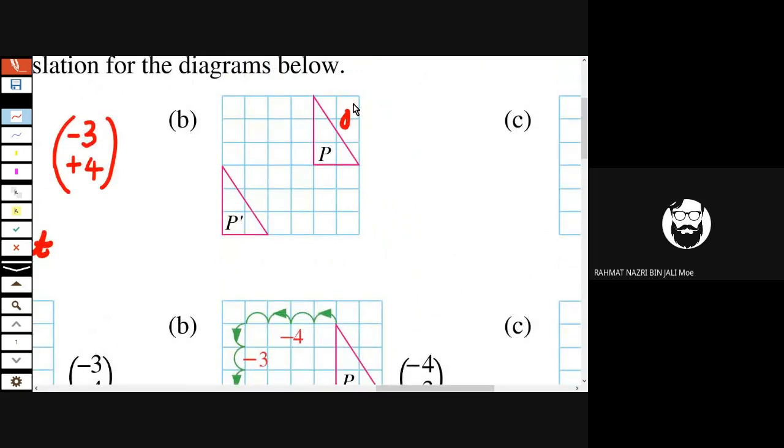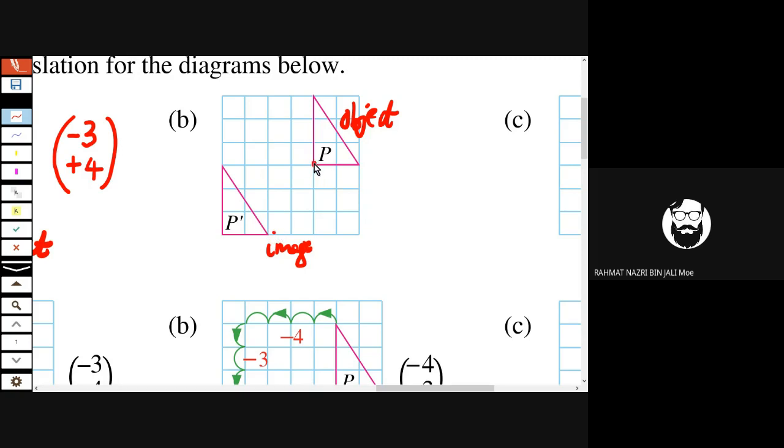Okay, untuk soalan C, eh, soalan B, the object, this is object because P here with no prime, so object. P prime is image. So image now is located to the left of object and downward of object, below object. So it will move to the left.